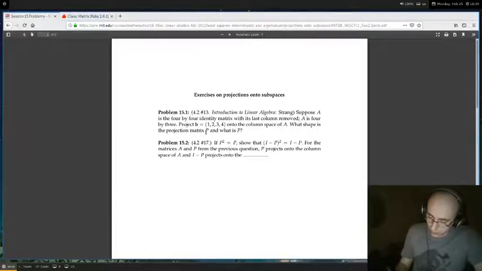Let's write it down accurately. And I need to project B on this. And the projection is going to be P times B. Is it 1, 2, 3?